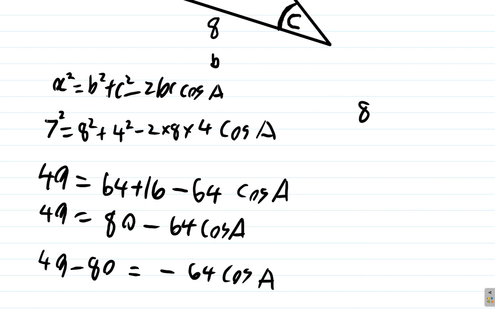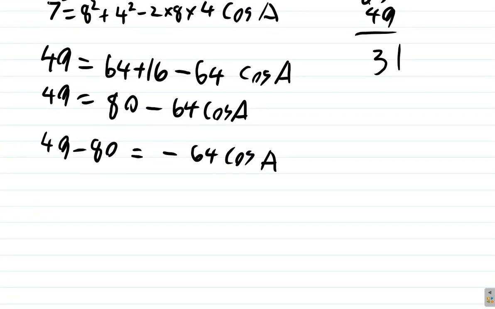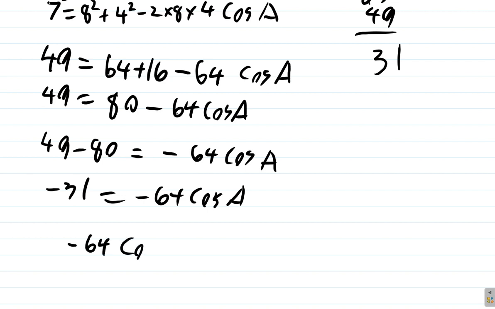So 80 minus 49 is 31, right? Negative 31. So here, negative 31 is equal to negative 64 cosine A. So let's switch these and say negative 64 cos A is negative 31.